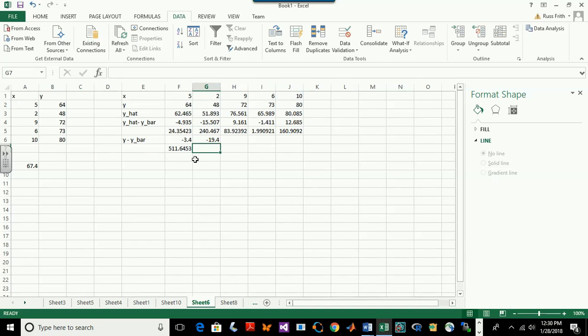Something is strange. That looks a bit high, doesn't it? I think this should be y hat minus y bar. Let's check the formula.